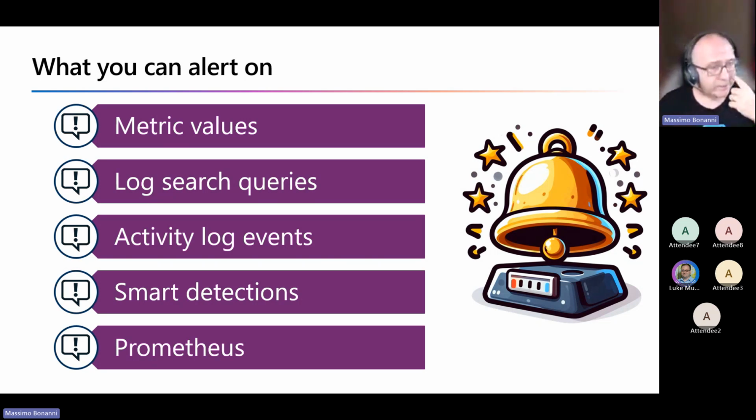Smart detection is something you have in Application Insights. Application Insights is the service you can use to collect your application log, but Application Insights gives you more interesting things. Smart detection is something Application Insights makes for you.